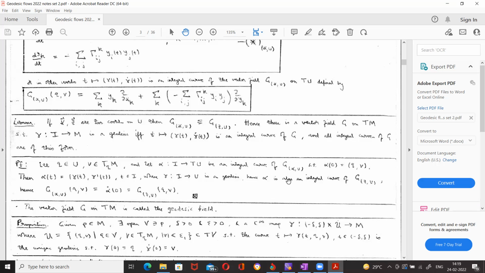So if I look at alpha prime(0), then that will be G_xU of (q, v) on the one hand, and it will also be G_zU of (q, v) on the other hand. And so therefore G_xU is identically equal to G_zU. Is this okay?